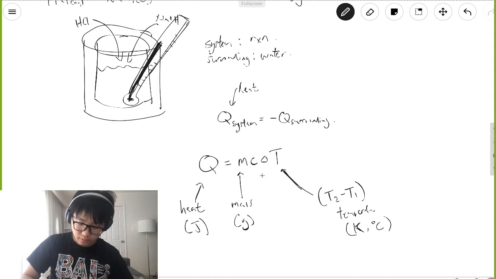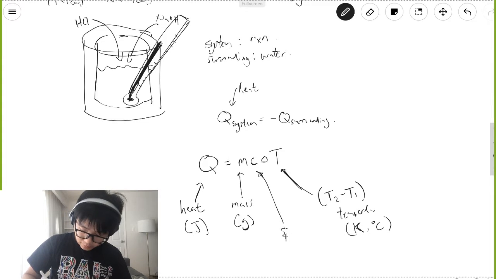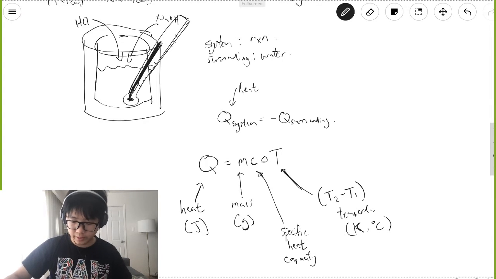Okay, that brings us to the c, because c is the one that we're not really sure of, but c is really a constant. This is called a specific heat capacity. If we look at its units, we can probably understand better what it actually means.